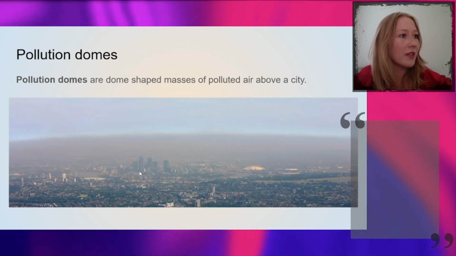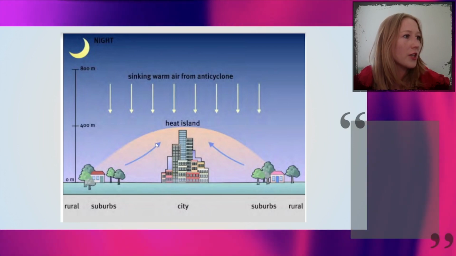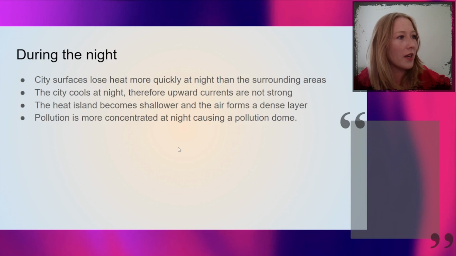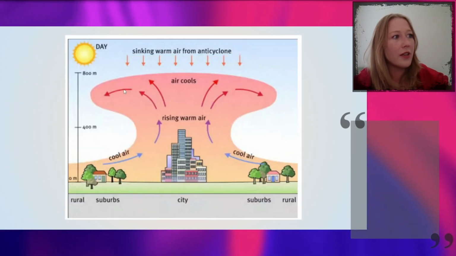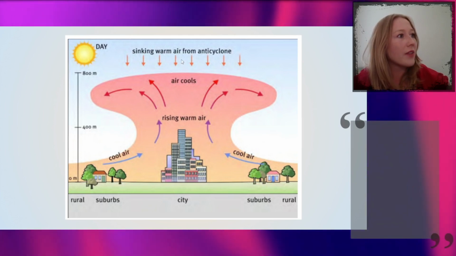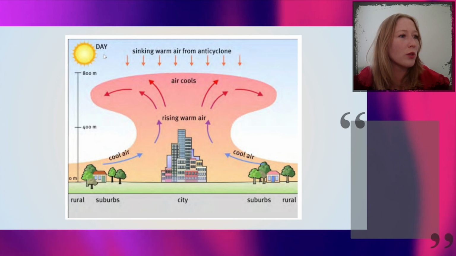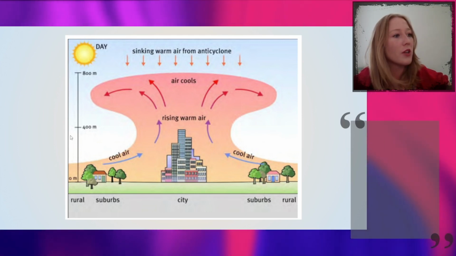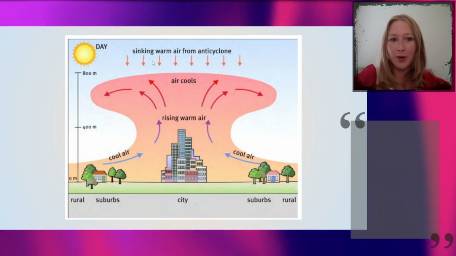Because of these inversion layers, I think you can see it here: there's the cool air, there's the warm air, and it's supposed to say sinking warm air, but it would be cooler because it's higher up. Because we have cool, then warm, and then cool again, it's a temperature inversion.